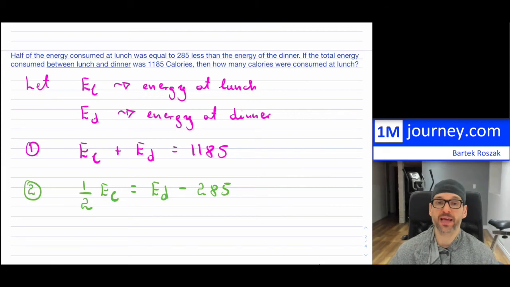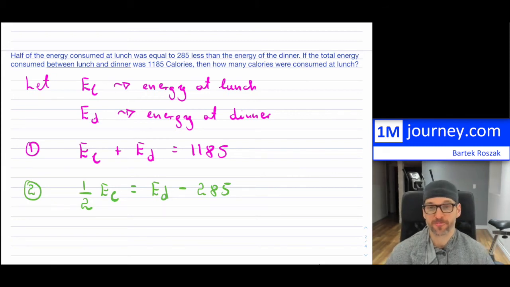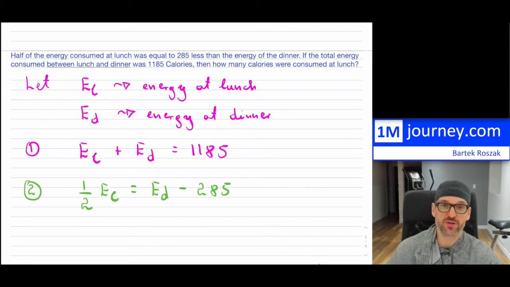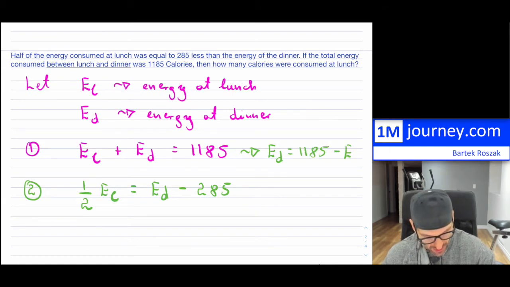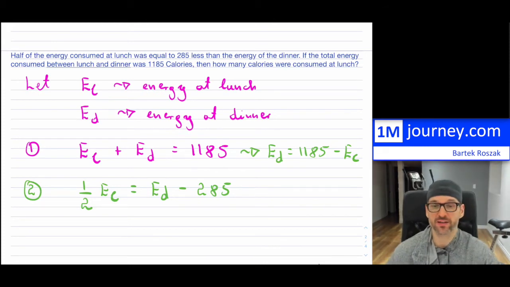And now we want to be able to solve this for lunch, how many calories we had, so how much energy we consumed at lunch. So in doing so, if you're solving for lunch, that means you isolate one for the dinner and then you substitute it back in, right? So this one is again the easiest one. So this is ED is equal to 1185 minus energy at lunch when I isolate it for that.